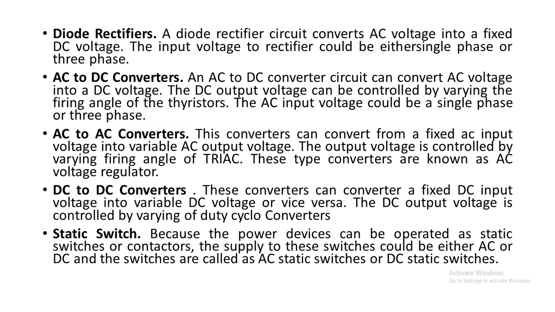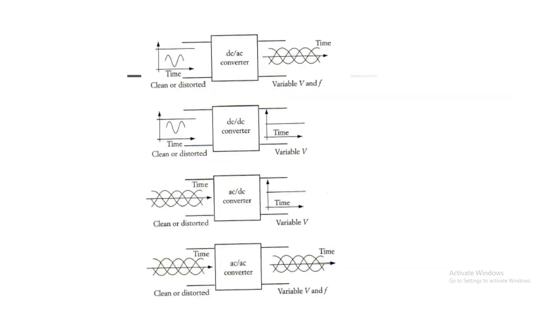The supply to these switches could be either AC or DC, and the switches are called AC static switches or DC static switches. So these are some block diagram representations of the converters.